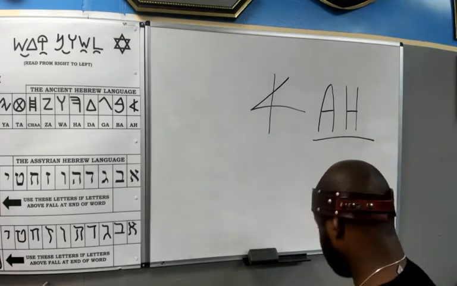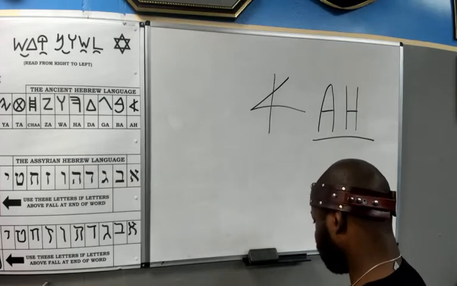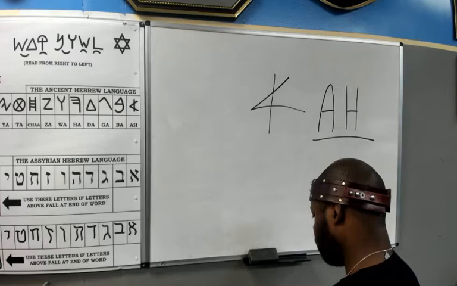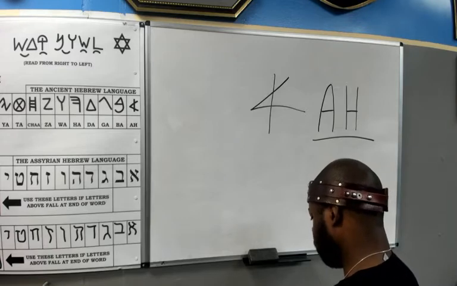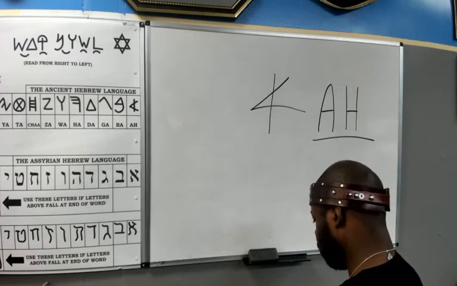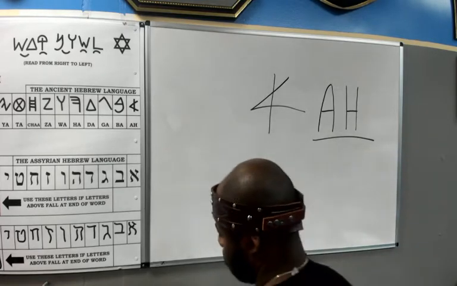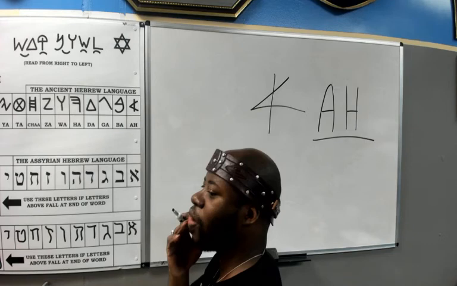Now, let me show you how a lot of false Israelite organizations that learn from the white man incorrectly say this letter in the Hebrew, as to where we in the Israelite School UPK call it Yiddish. Just like the same way white people call themselves Jewish.